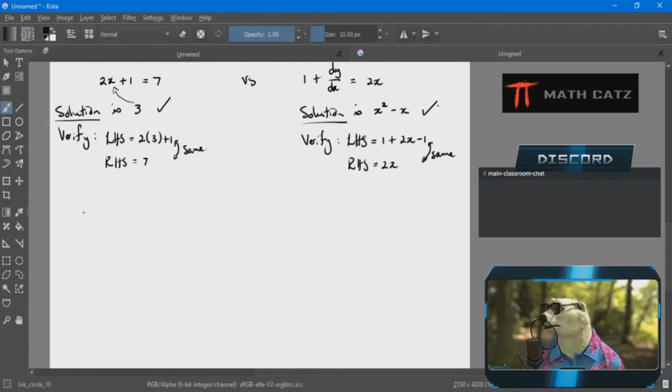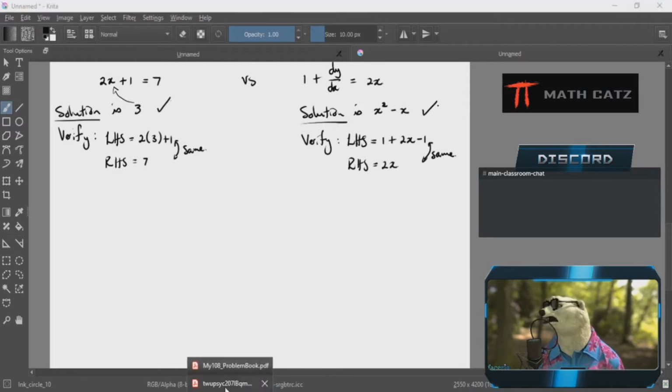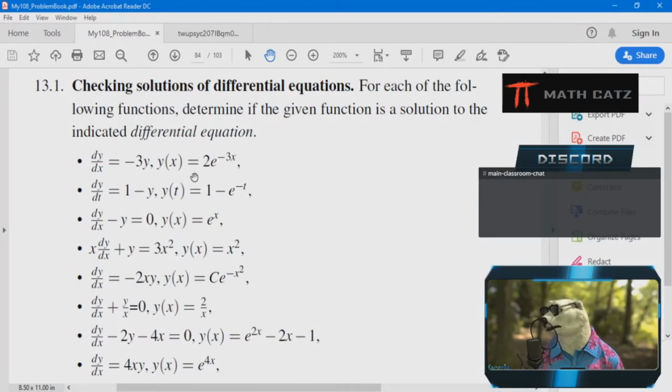To emphasize that further, we're going to look at some problems where we're given a function and we just want to check, is this a solution to the differential equation? To really emphasize, what do I mean by solution? Because it's very important. Even though it's an equation, it's a very different kind of equation.